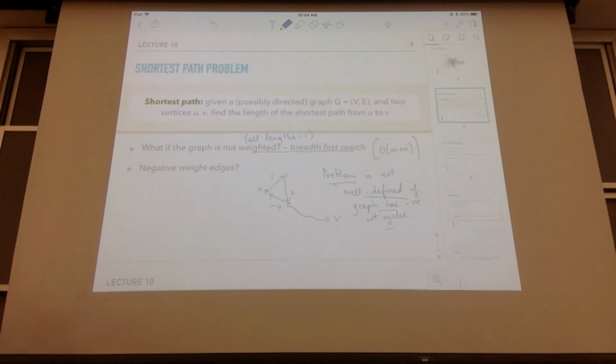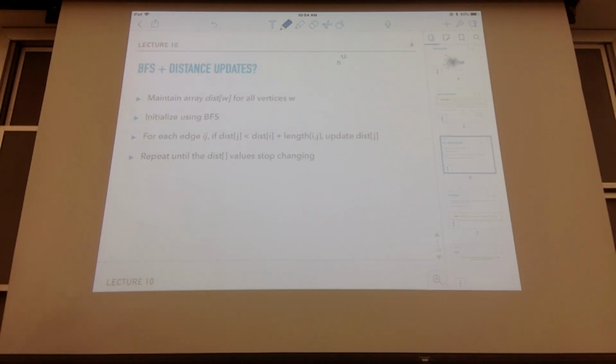Remember, we are interested in the shortest length path from u to v. So u we call the source, and v is usually called the sink. Okay, so u is the source, and for every w, we try to maintain this quantity that we call dist of w. This is not quite the shortest length path, but think of it as the candidate for the shortest length path. This is our current candidate.